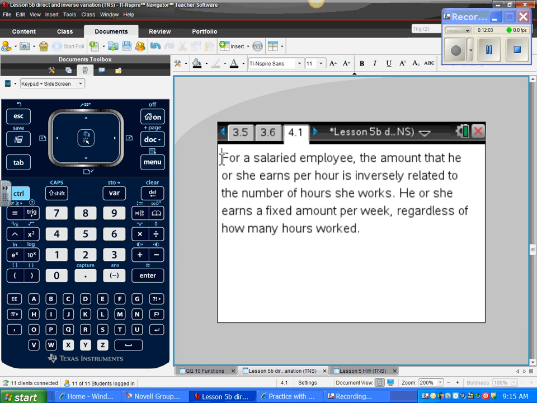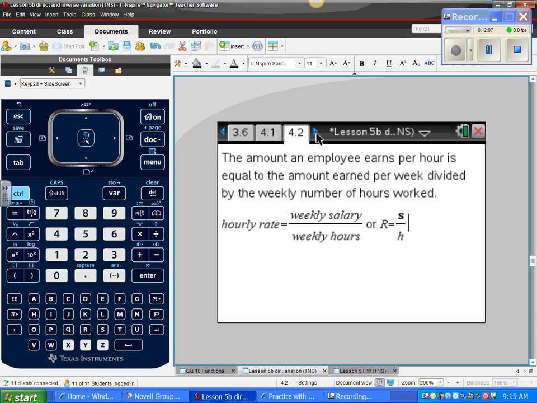Understand? Okay, so the amount an employee earns per hour is equal to the amount earned per week divided by the number of hours worked. So if I wanted to figure out how much I was taking home per hour, I'd have to take my salary and divide it by the number of hours that I put in per week. Does that make sense to you guys? Okay.